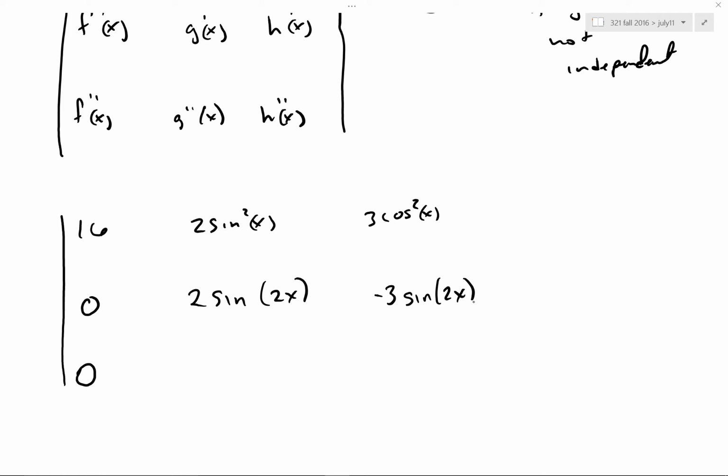Chain rule, yep. And so it's negative 6 cosine 2x. And this one's going to be 4 cosine 2x, or it should be anyways, by the same basic procedure.